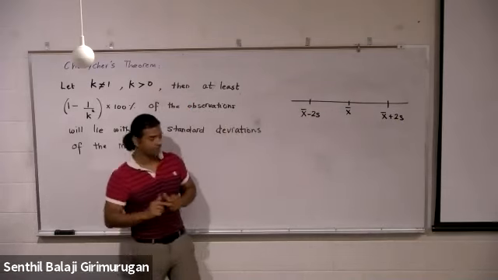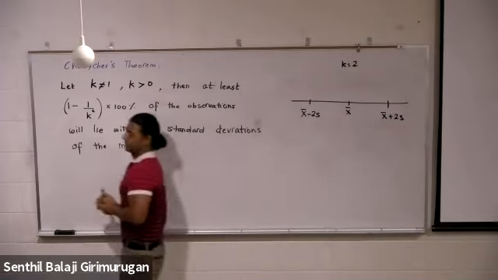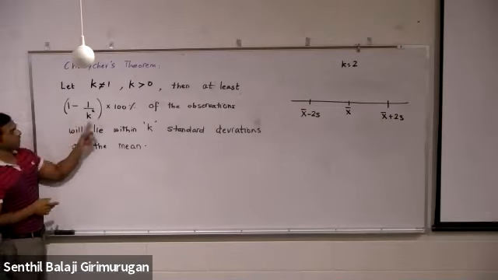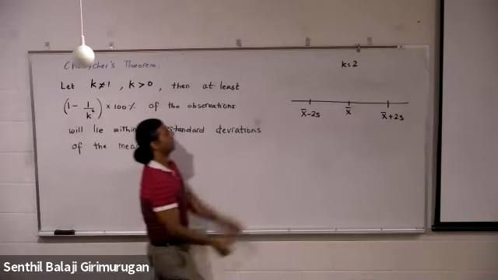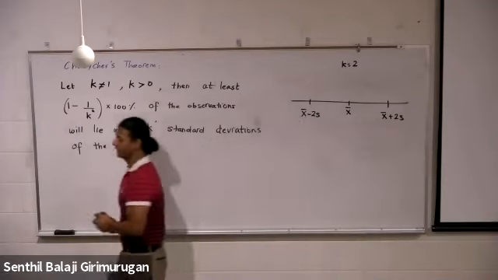Do you agree? So k in this case is 2. What does the theorem state? The theorem tells us at least 1 minus 1 over k squared percent of all the data points will lie between those two values.